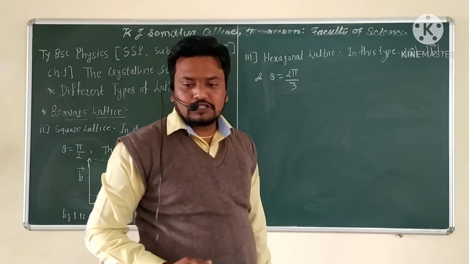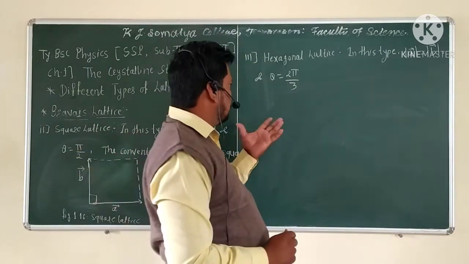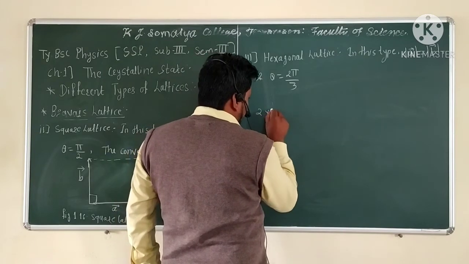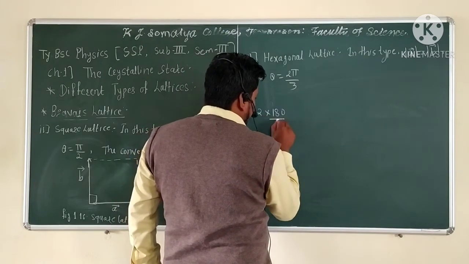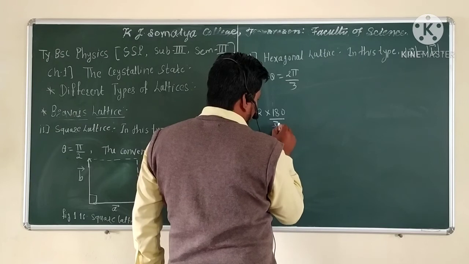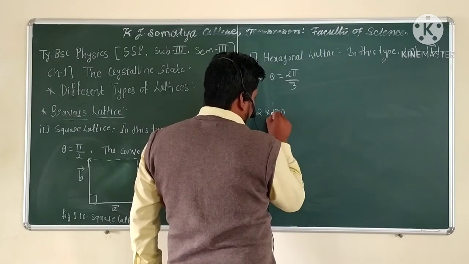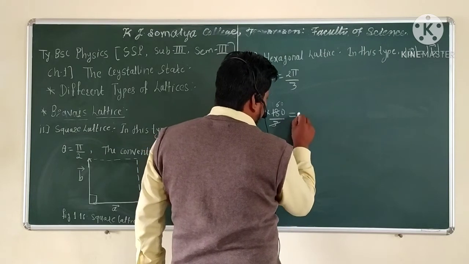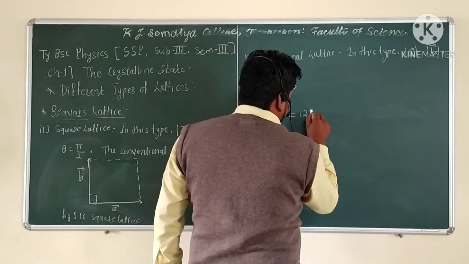So what is this angle 2 pi by 3? It is 2 into 180 divided by 3, which gives 120 degrees.